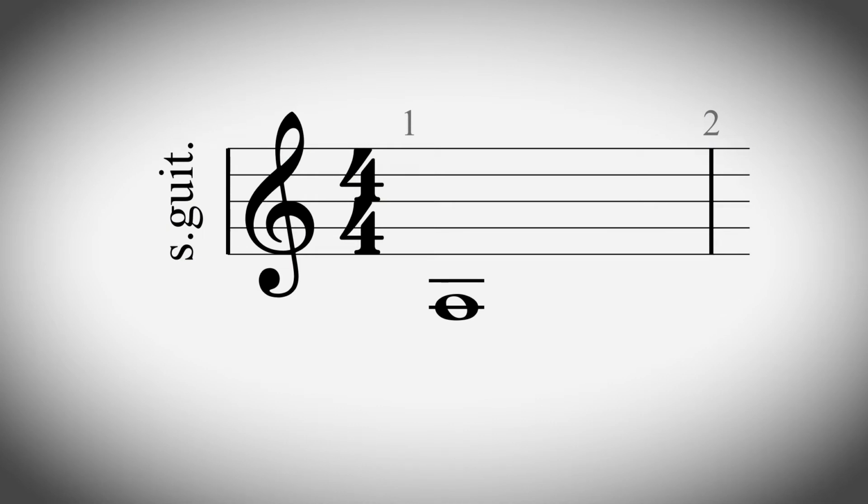That means I'm going to play it for 4 counts. 1, 2, 3, 4. Okay, so that A was ringing the entire duration of me counting all 4 of those beats. So that's a whole note. That one note got the whole measure.